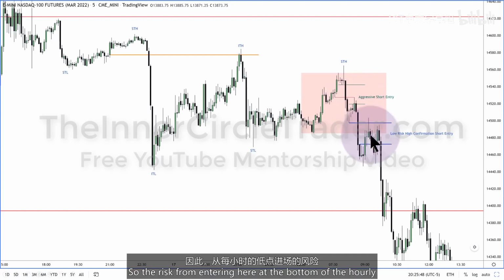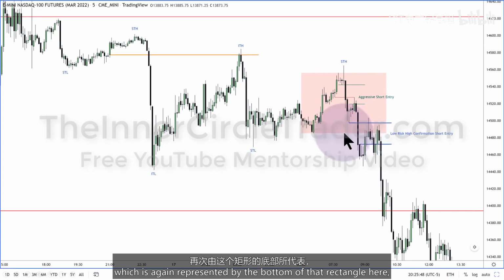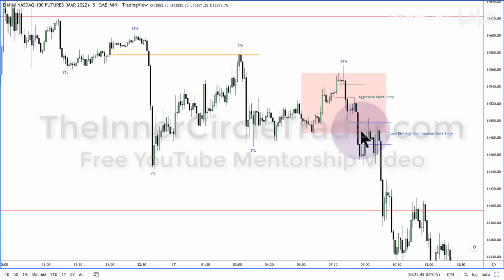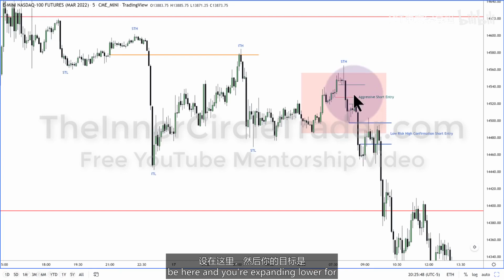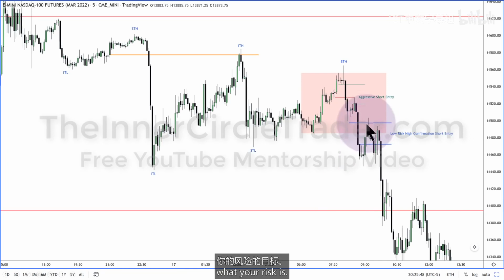So the risk from entering here at the bottom of the hourly bearish order block, which is again represented by the bottom of that rectangle here, you're entering there. The heat or the drawdown in the trade is limited to just that candle. But your stop has to be here, and you're expanding lower for a target that's many times over what your risk is.